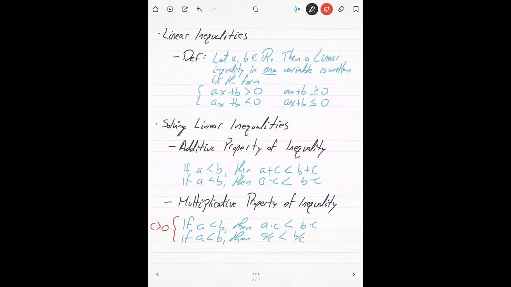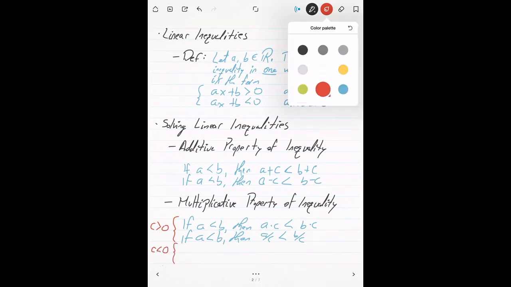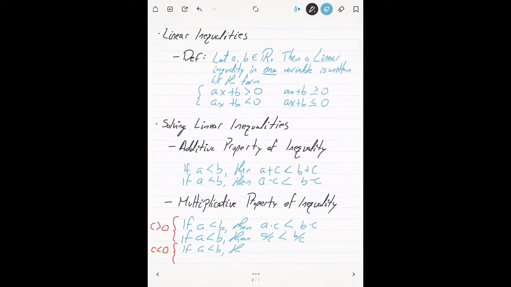The trouble is when C is negative, when it's less than 0. If you have some inequality, we're going to say A is less than B, then A times C and B times C, where C is a negative number now, that reverses the inequality sign. The same with division.